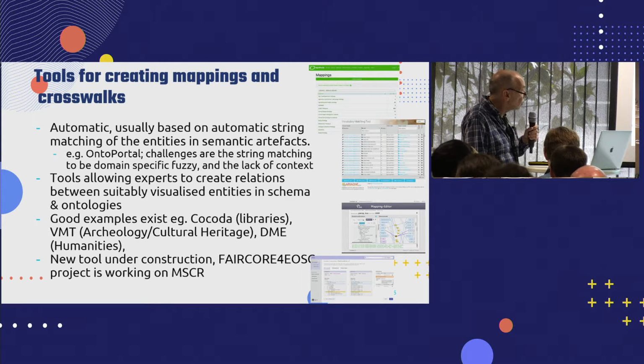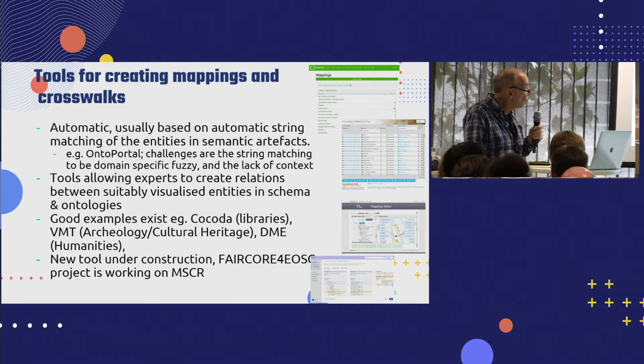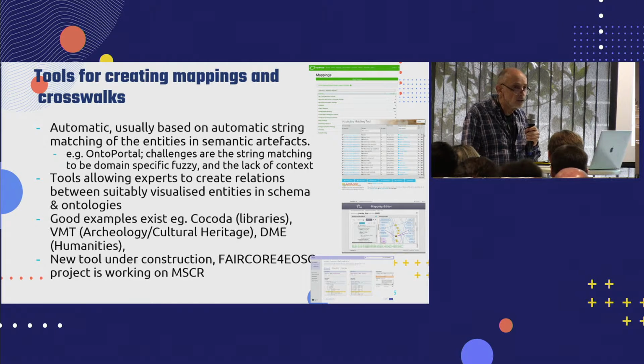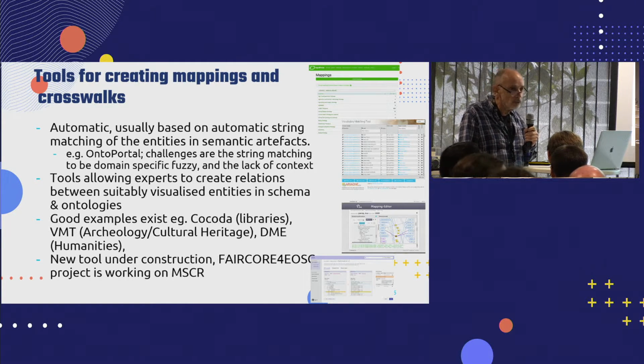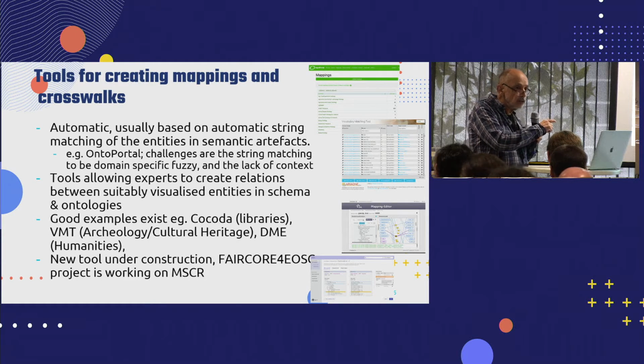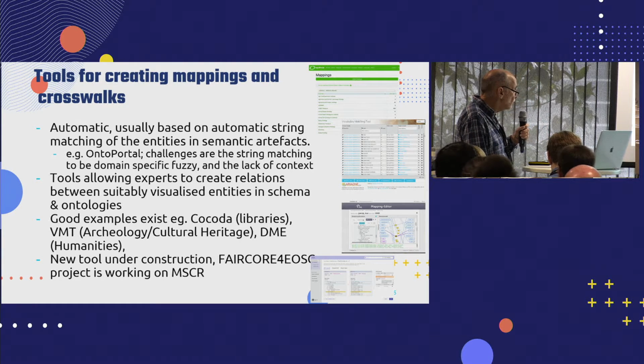Good examples exist there. When we were creating the SEMAF report in 2021, we made an inventory of such tools, and you will find reference to those tools in the reference page, so you will have something to do.